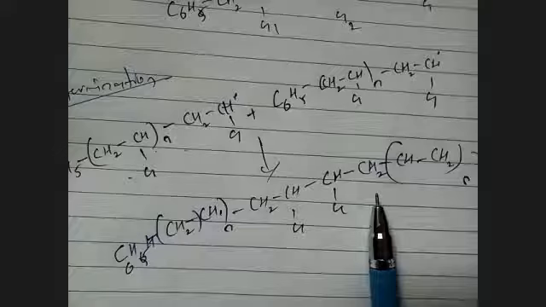It is so simple, no need to worry much. First, you break and make a free radical. That free radical is transferred and connects the functional groups for the prolongation. For termination, two free radicals are bombarded together and terminate themselves. Is it clear?